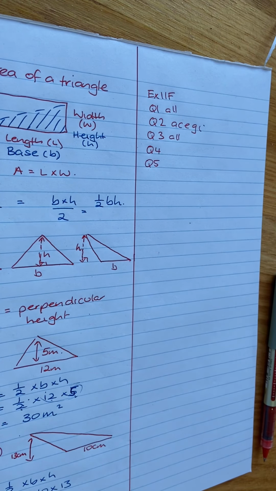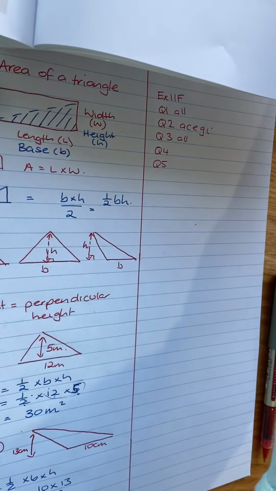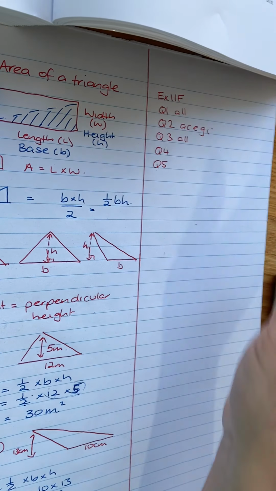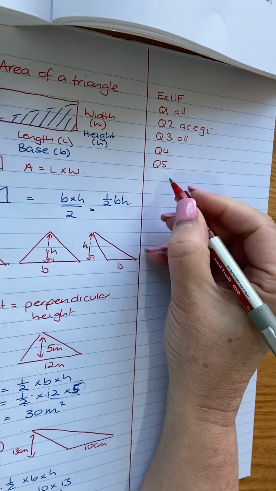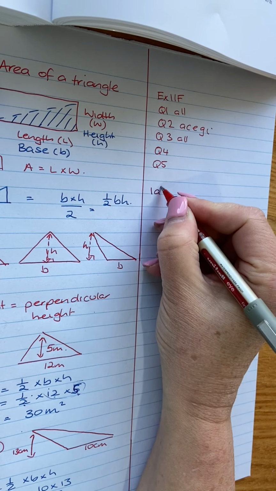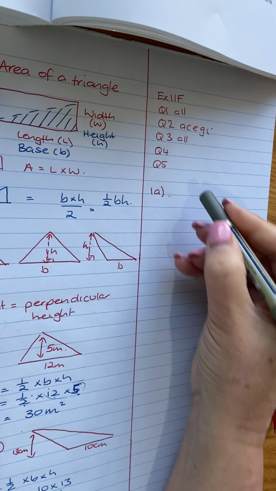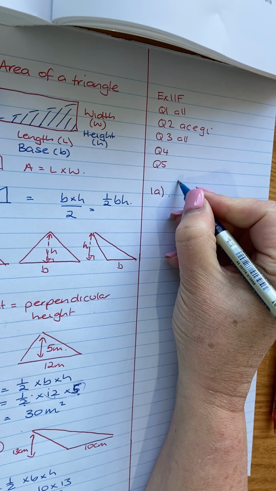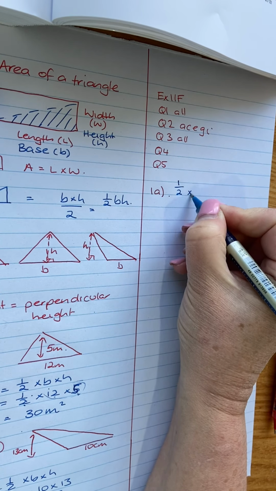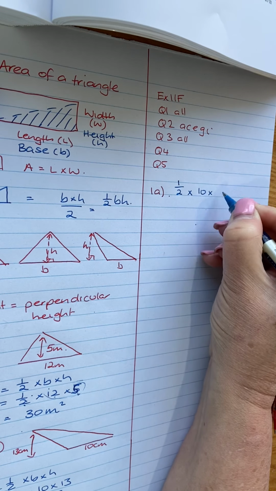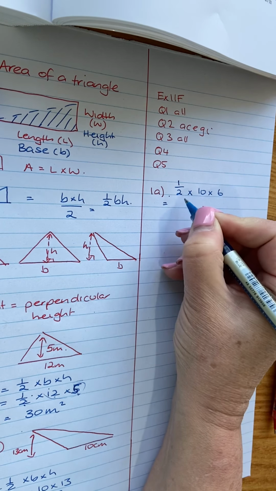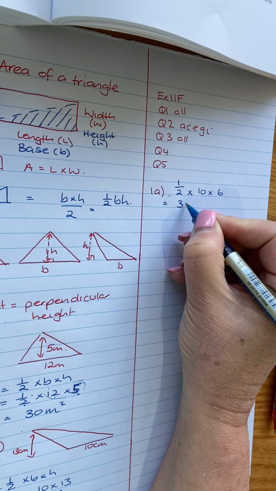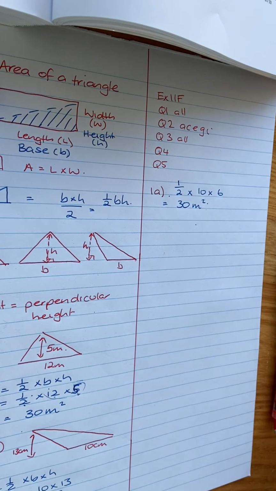So then I get out my textbook and I've got mine just here. So I'm going to look at my first question. It's question 1A and it's a triangle. I'm not going to do the triangle. You don't have to actually draw out the picture, but I know it's going to be area. So it's half times, the base is 10, and the height is 6. Half times 10 is 5 times 6 is 30 metres squared.